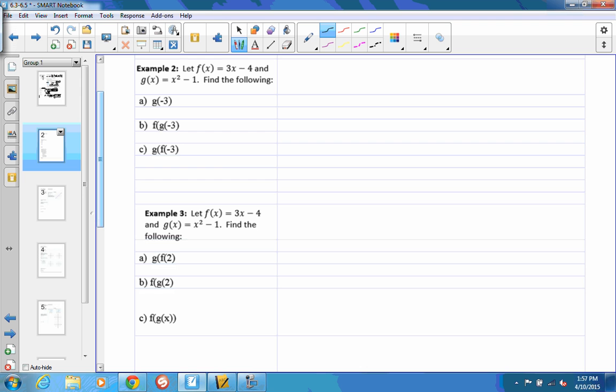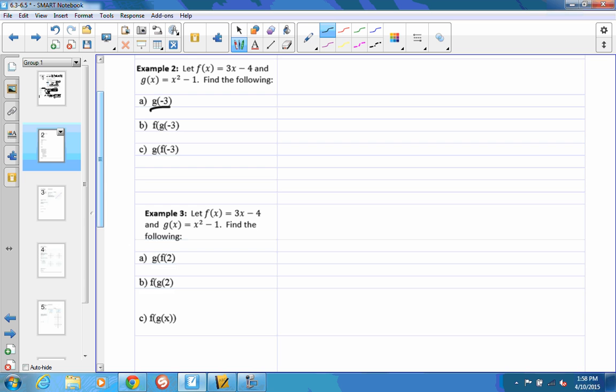Similar, guys, these are the same kind of problems. Let f of x equal 3x minus 4 and g of x equal x squared minus 1. Find the following. Well, guys, this first one, A, g of negative 3. Well, you know how to do this. This isn't even anything new, is it? Well, how do I find g of negative 3? What is that asking me to do? It's asking me what the value is for this function when I plug in negative 3.